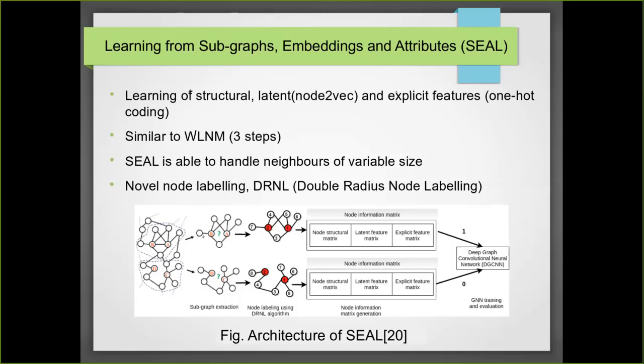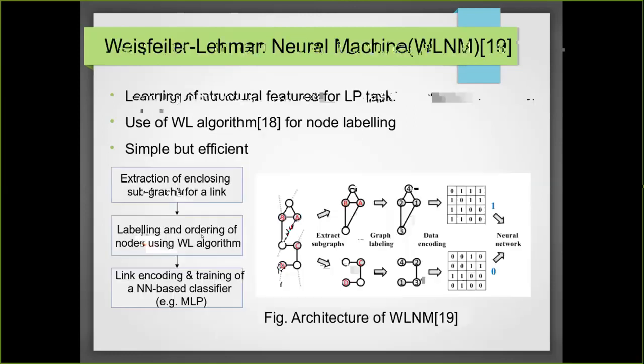One point to mention: the WLNM algorithm extracts a fixed-size neighborhood set, like 10 or 20 nodes. So maybe some of the neighbors are filtered out in the WLNM algorithm.